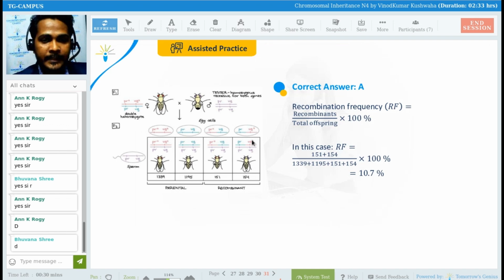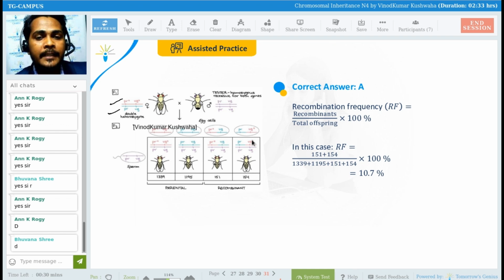On this diagram you can see the double heterozygous condition. If it is crossed with the homozygous recessive for both genes, what will you get?